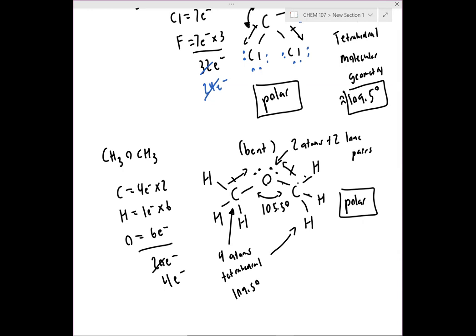I get that if the central atom has lone pairs and polar bonds attached to it, then that means that our bond dipoles are not arranged symmetrically, and as a result, the molecule is polar. Ah, okay, gotcha. Does that make sense? Yeah. Perfect.